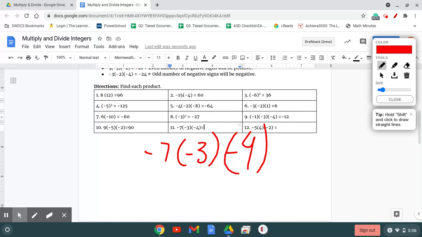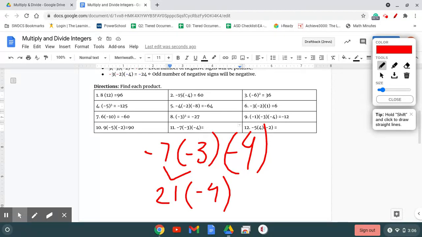I'm just going to go in order that they're written. Negative 7 times negative 3. 2 negatives make a positive. So 7 times 3 is 21. I haven't used this 4, so I'm going to bring down times negative 4. So now I have 21 times negative 4.